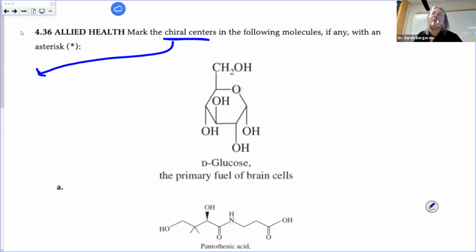So in order for something in chemistry to be chiral, you have to have what molecular shape? Tetrahedral. So you have to have a carbon that is tetrahedral.